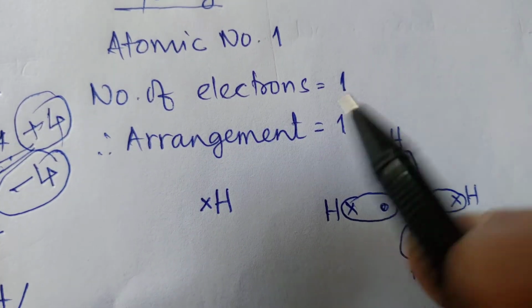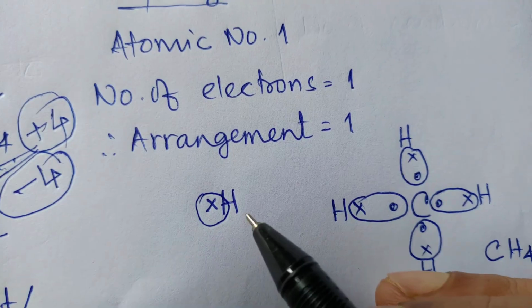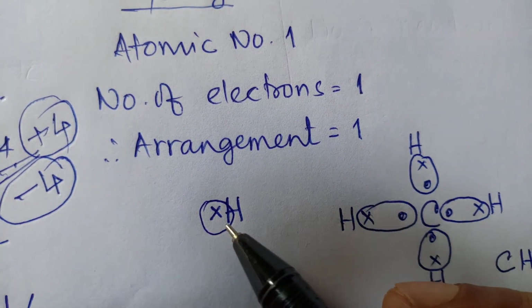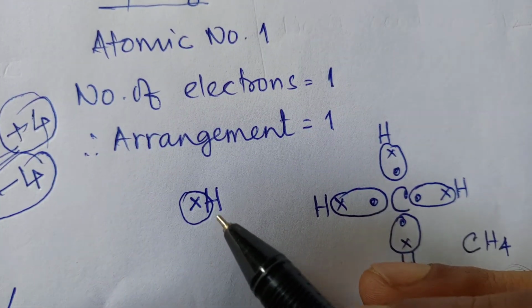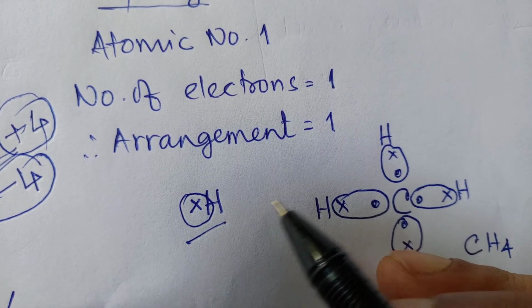Think about hydrogen, which has 1 electron. If it releases it, it cannot accept 1 more because no more space is there. If it releases it, there will be no existence of a hydrogen atom.